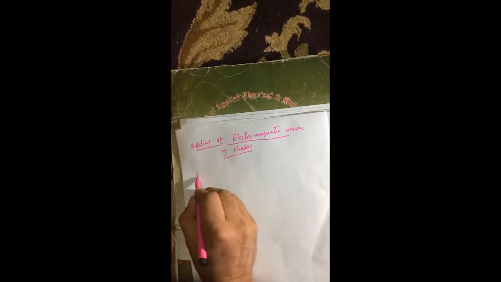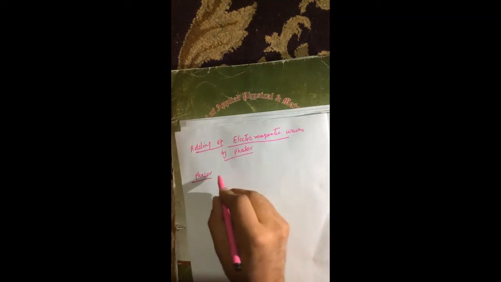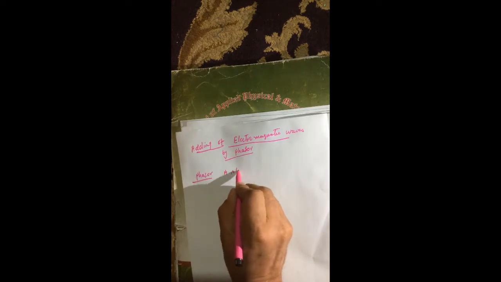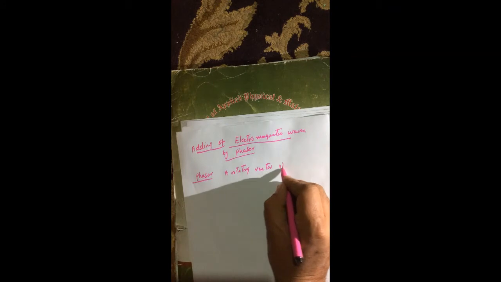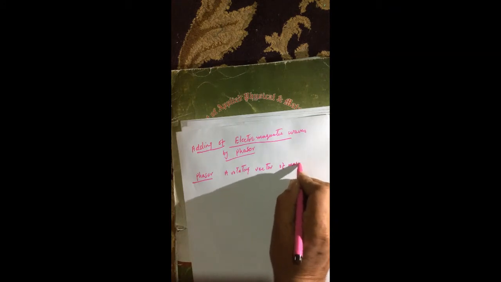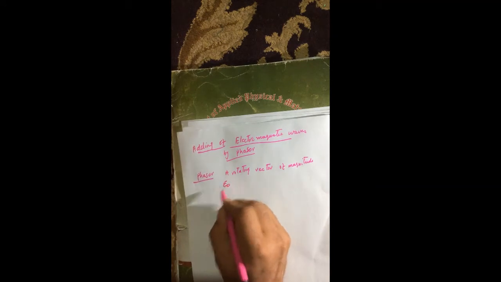Okay, next we have addition of electromagnetic waves by phasor. What is a phasor? First we will define it. A rotating vector of magnitude E naught.